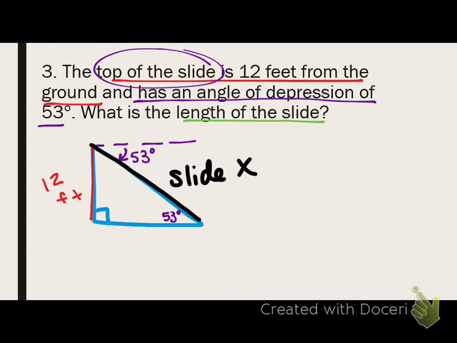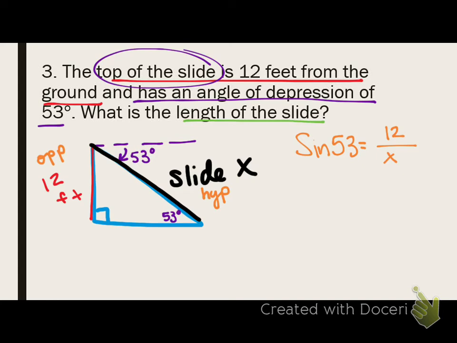So we have an angle, and we have a side, and we want to find another side. So what are we going to use? Trig ratio. From 53 degrees, what kind of side is 12? Opposite. And then the slide would be the hypotenuse. So we're going to use sine from 53 equals the opposite, which is 12, over the hypotenuse.